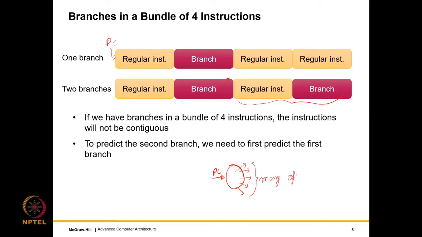Hence, such a bundle with multiple branches is called a multi-way branch, and we'll be using this term reasonably frequently in our discussion in chapter 5. This is an important concept.